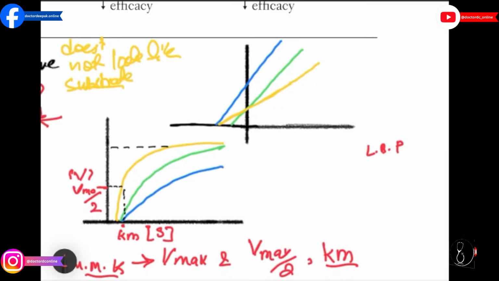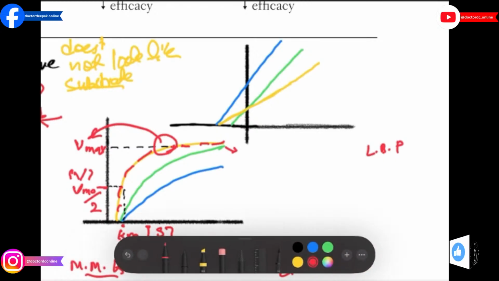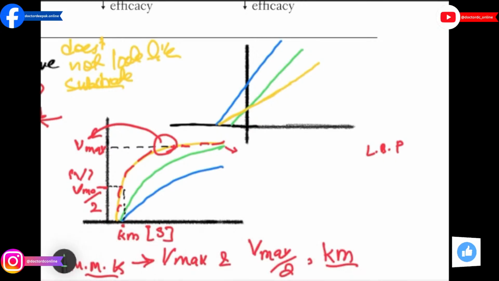Okay, you already know that. And this is the Vmax, because you already studied that when the hyperbolic graph becomes flat, it identifies Vmax. Okay? This one is a normal hyperbola, but this one is the competitive inhibitor.